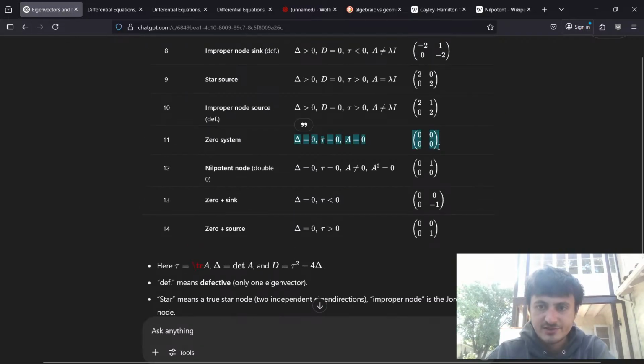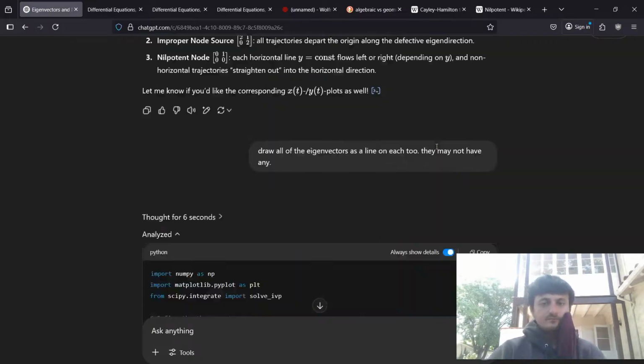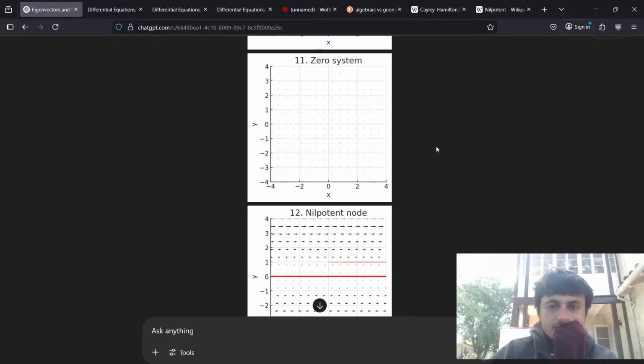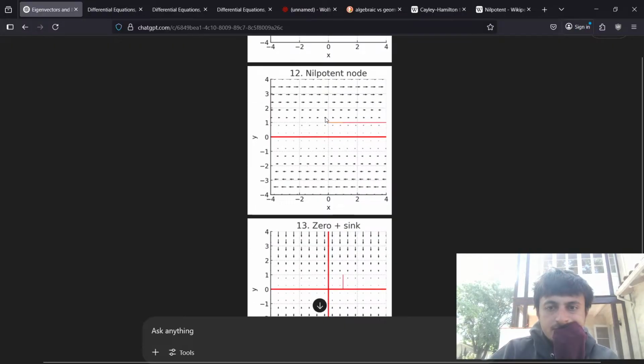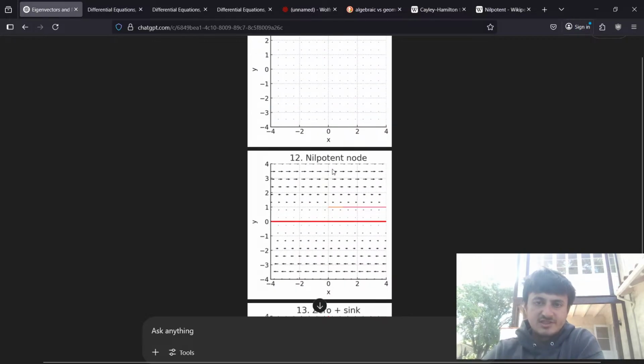It means that the whole matrix is 0. So, zero system. Zero plus sink.